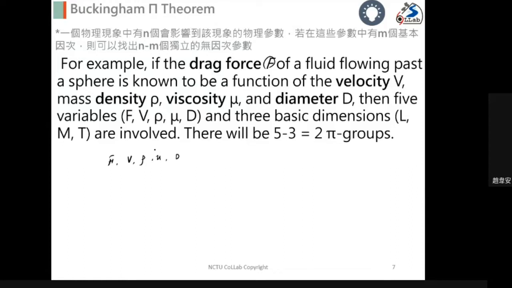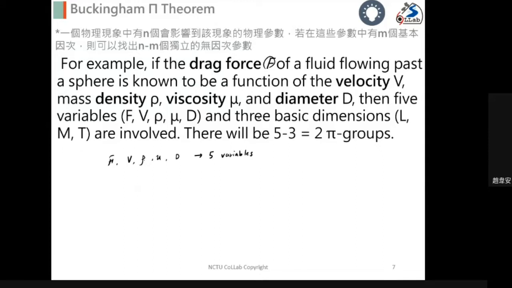So we can count how many variables our physical problem has: 1, 2, 3, 4, 5. Totally we have 5 variables for our physical problem.